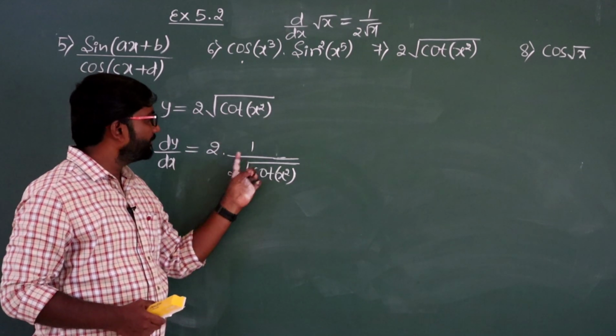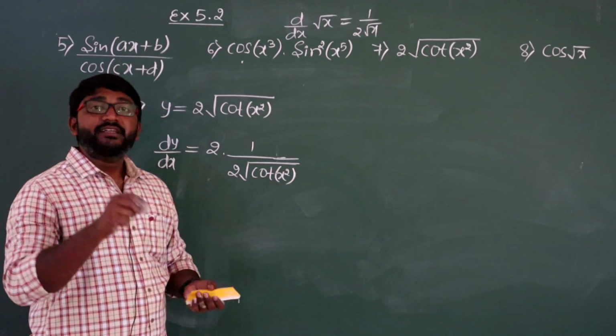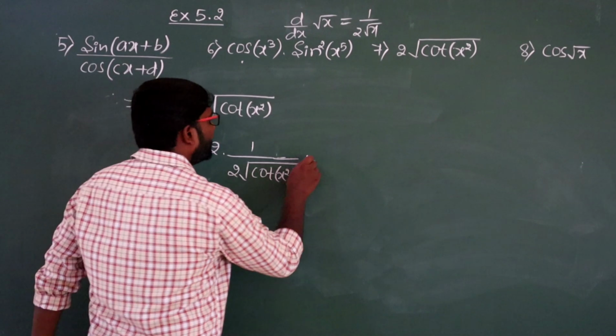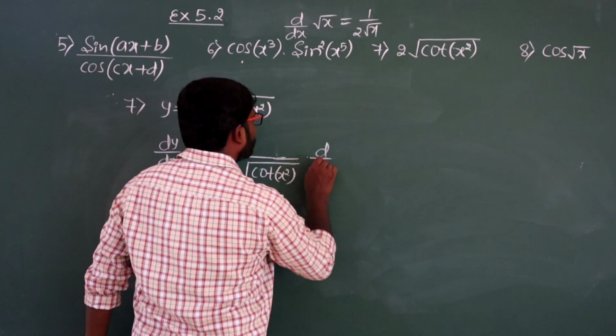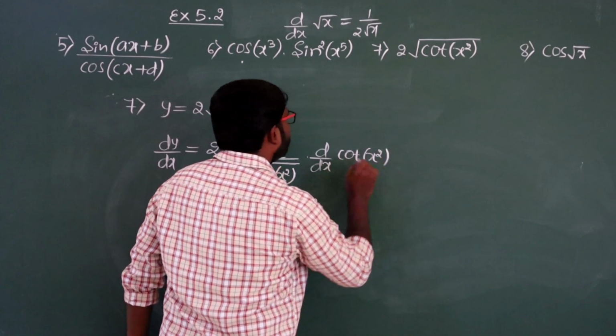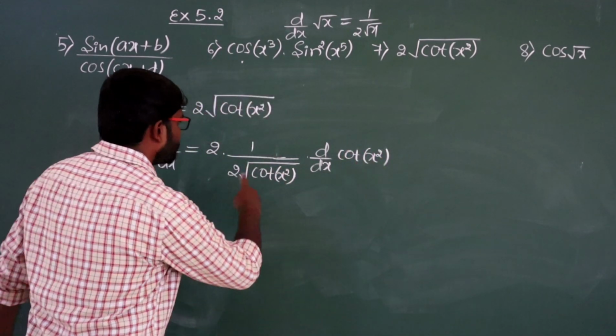Derivative of root x will be 1 by 2 root x, and whichever term we took as x, we must differentiate it once more by chain rule, into d by dx of cot of x square. Let us proceed.